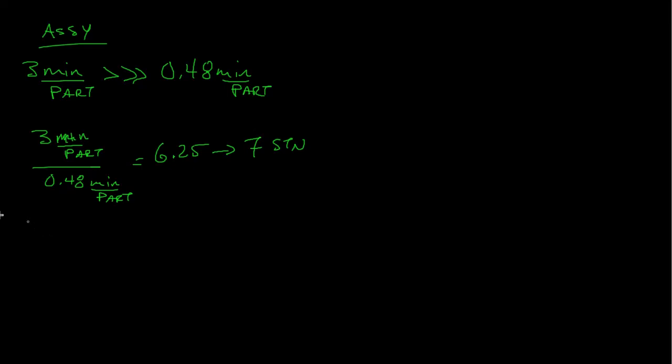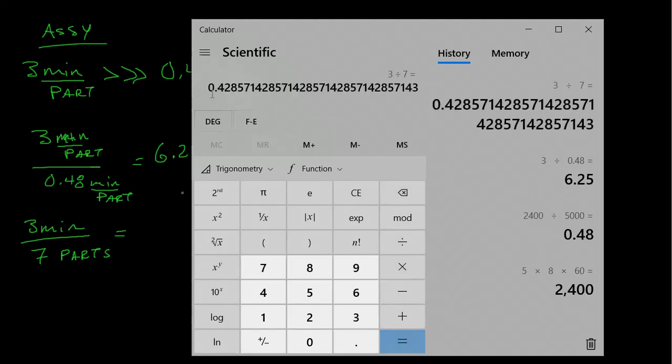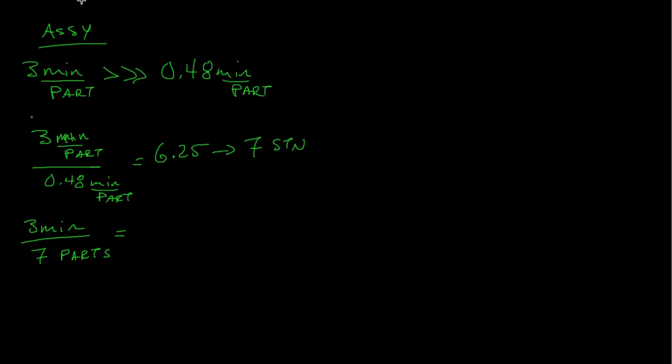I can quickly do the math to make sure that it works. 3 minutes per 7 parts, so 3 divided by 7 gives a throughput rate of 0.43 minutes per part, which is under our takt time of 0.48 minutes per part.